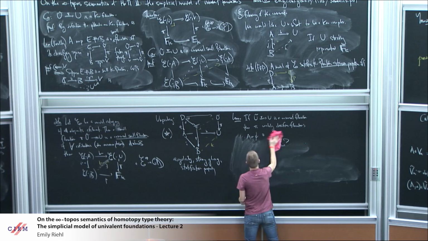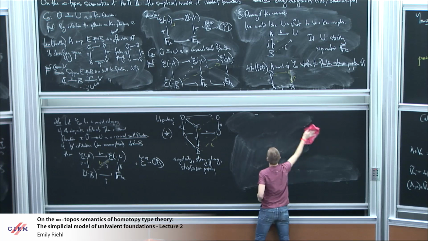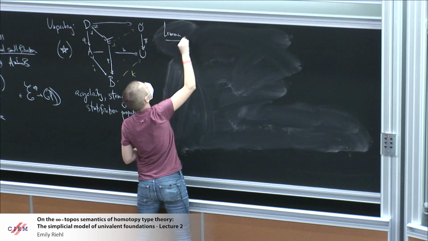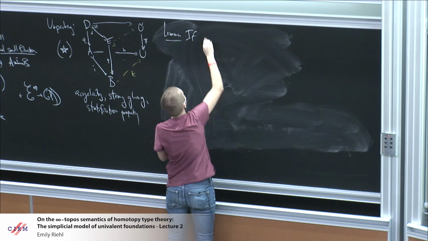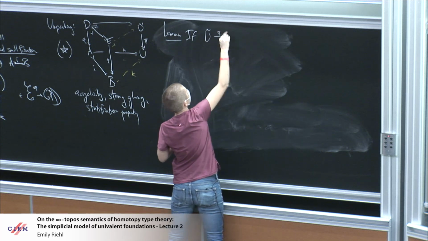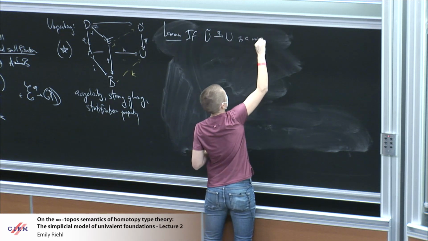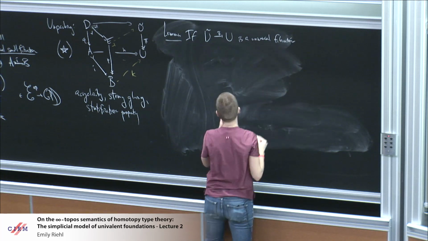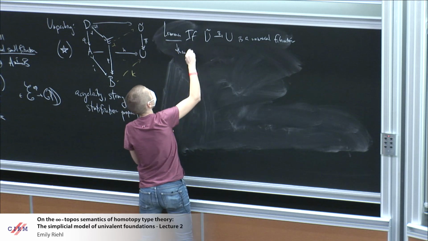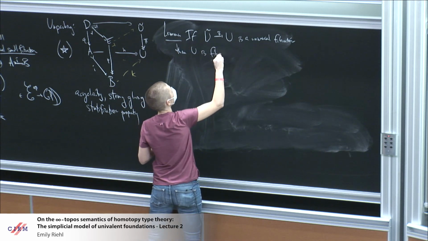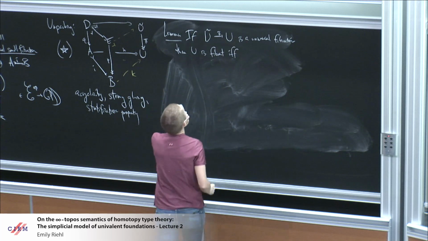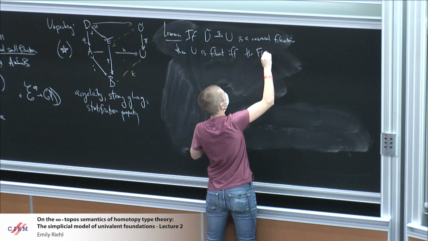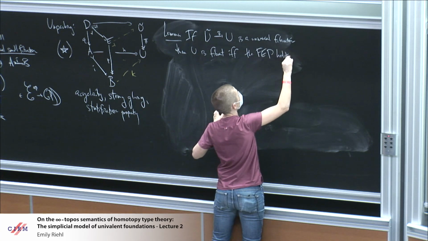So the lemma is that if I have a universal fibration, and again what I mean is exactly this acyclicity property that I've unpacked there, then the base U is fibrant if and only if the fibration extension property holds for the category E.